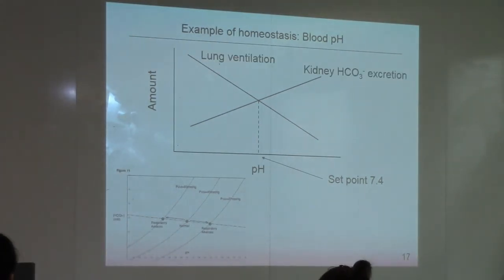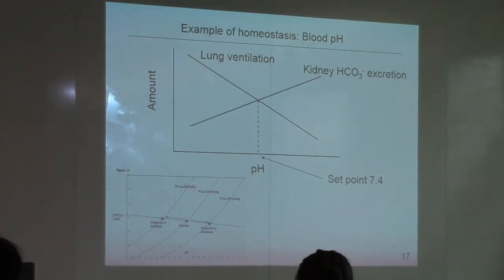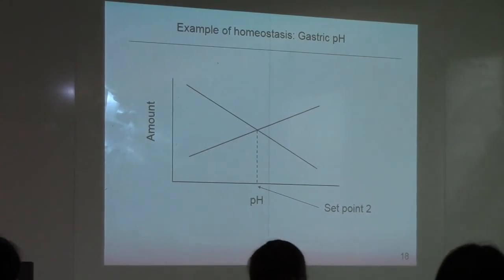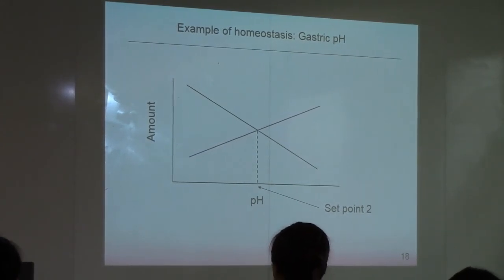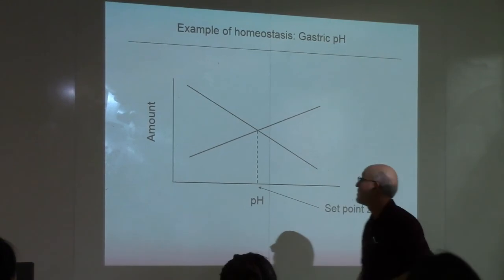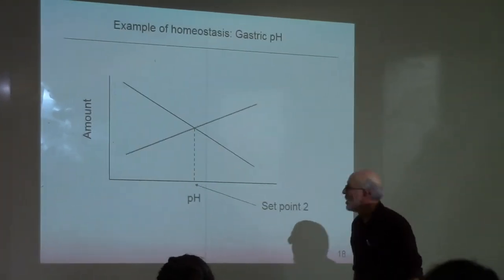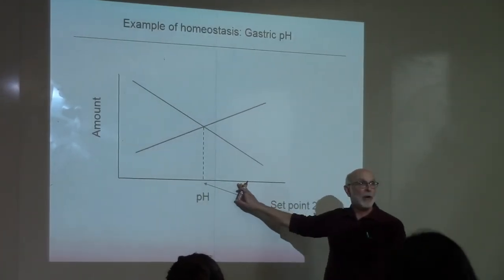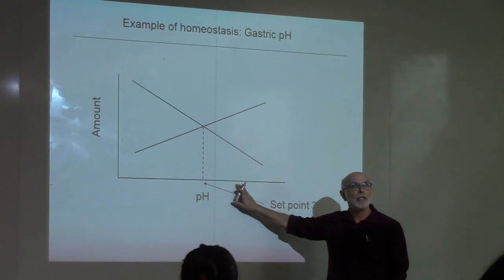Okay, so ventilation and bicarbonate excretion. We just did this. This is the answer key that's up on Moodle. I think there's one more case. Okay, so here, now we're talking about the control of stomach pH, gastric pH. If the stomach pH goes up, how would the stomach pH go up?